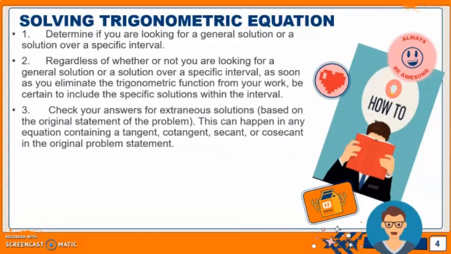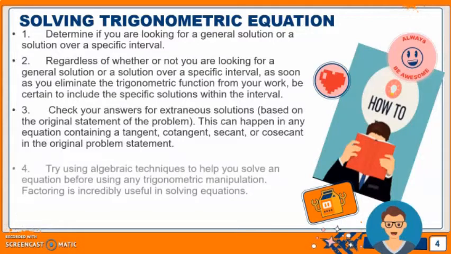Third, check your answers for extraneous solutions, always based on the original statement of the problem. This can help in any equation containing a tangent, cotangent, secant, and cosecant in the original problem statement. Take note that even though you already solved the solution, there are cases that extraneous solutions are part of the problem.